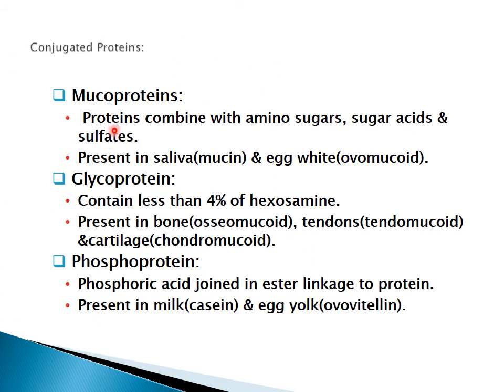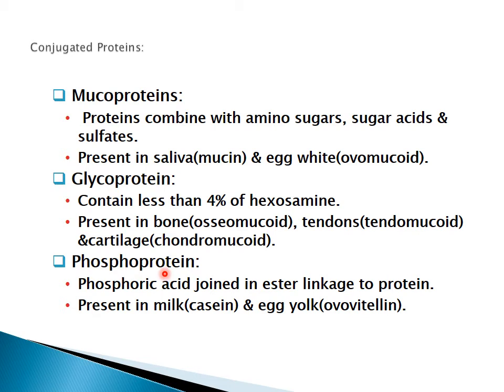Mucoproteins, proteins combined with amino sugars, sugar, acid, and sulfate. It is present in saliva in the form of mucin and in egg white in the form of ovomucoid. Glycoprotein. Glycoprotein contain less than 4% of hexosamine, present in bones, tendons, and cartilage.